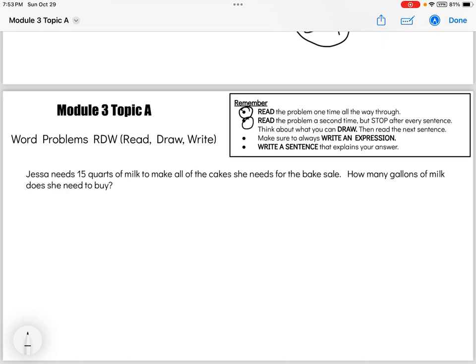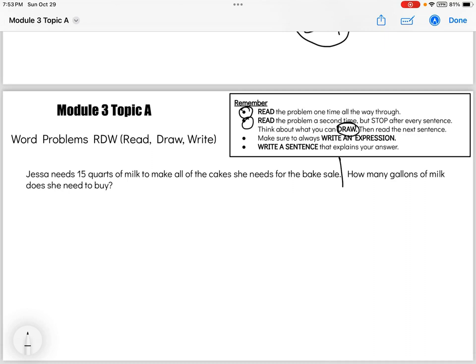All right, step 2 is they read the problem a second time, but they stop after every sentence. So what I kind of do is go through, find the little periods, and draw a little line like a stop sign. And it looks like we only have 2. As they stop, they draw whatever they can, and then they read the next sentence.